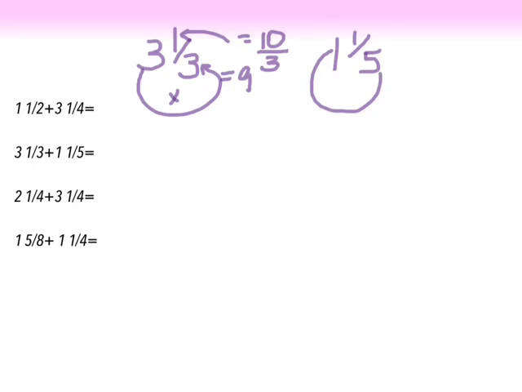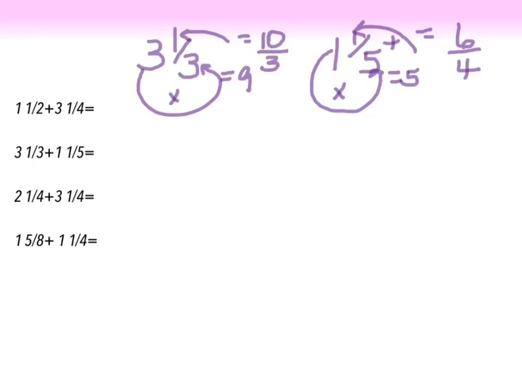Whole number times denominator plus numerator, carry denominator over. We see right away again 3 and 4 are not the same.